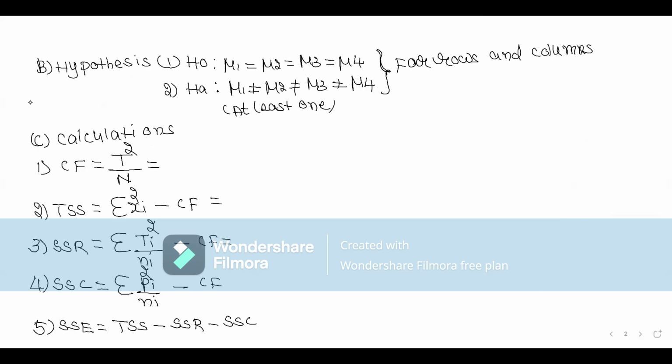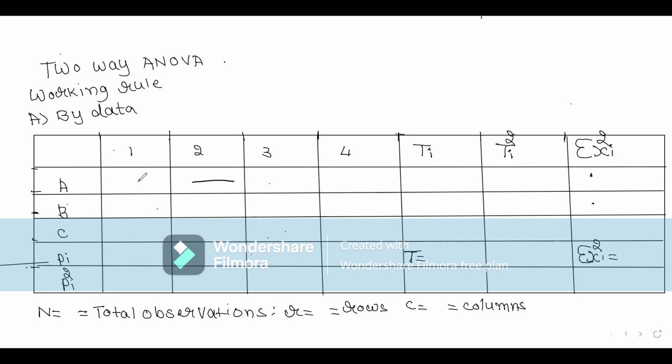Look here. State the hypothesis. Hypothesis you have to state. H0 means null hypothesis. The mu1 equal to mu2 equal to mu3 equal to mu4. Why I have taken, look here. Now 3 rows are there and 4 columns are there.